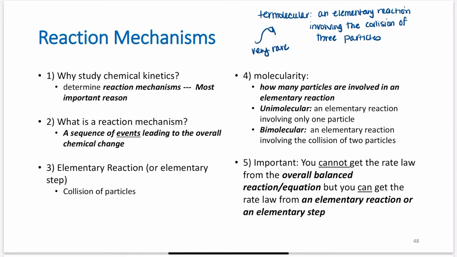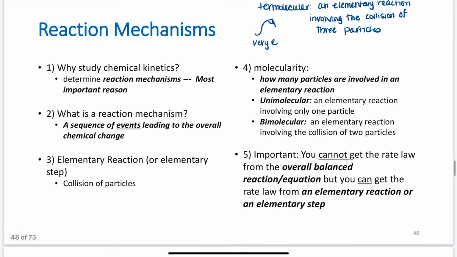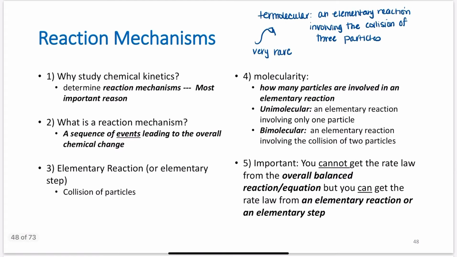Why is it very rare? Well, because for three particles to come together and react, we're going to talk about the collision model in a coming module. But what we find is that particles in the elementary steps have to come together in the right orientation and at the right speed to actually react.